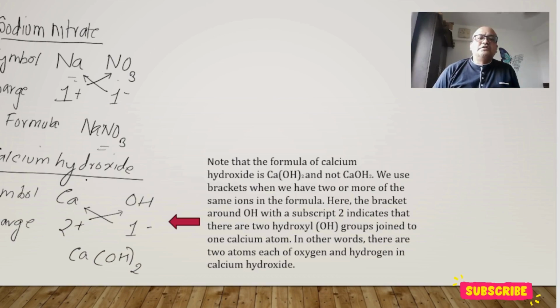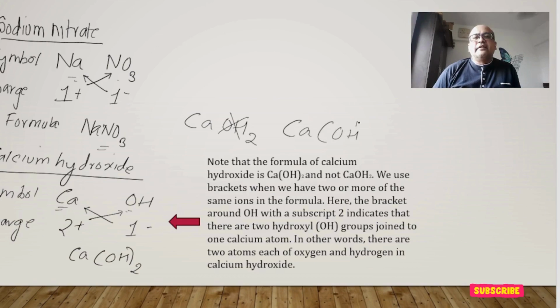Calcium hydroxide. We write down the symbols. Okay. Hydroxide, OH. We write down the charges. Calcium 2 plus and hydroxide 1 minus. So what is happening? Crisscross is happening. So the 2 will go down here. Right. So the 2 is coming here. Is this right? No. What we need to do is write a bracket.